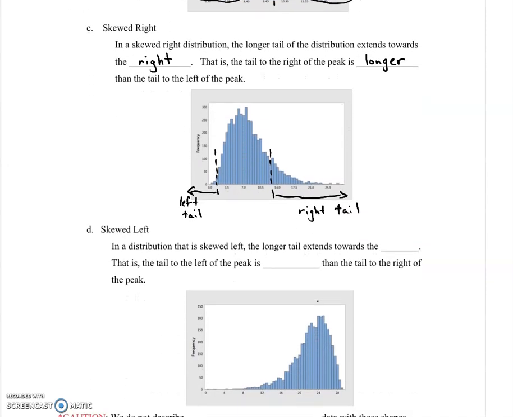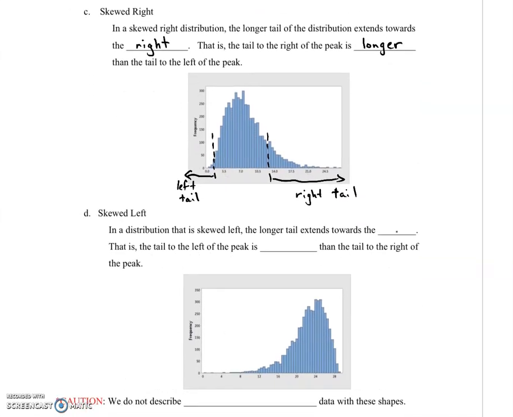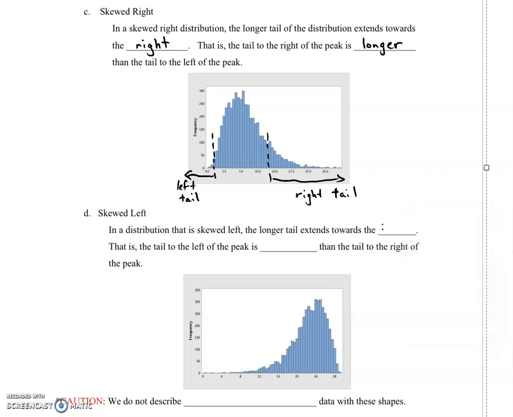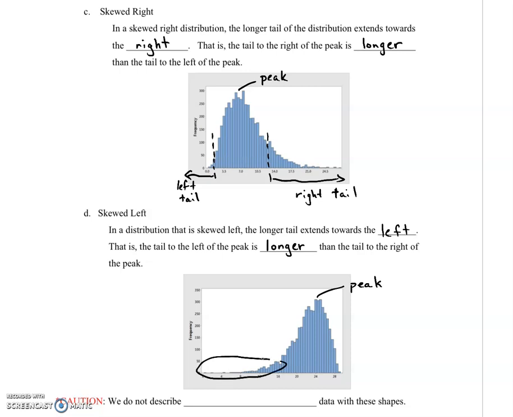So obviously then, skewed left is exactly the opposite. So the longer tail extends left, which means that the tail to the left of the peak, being the highest point, the left tail is much longer than the right tail.